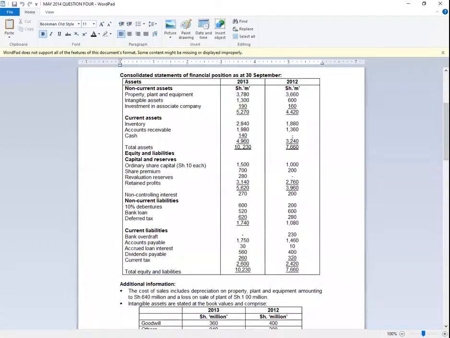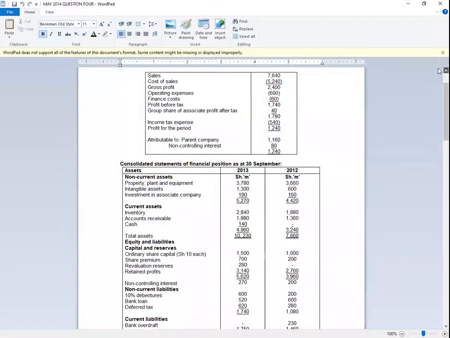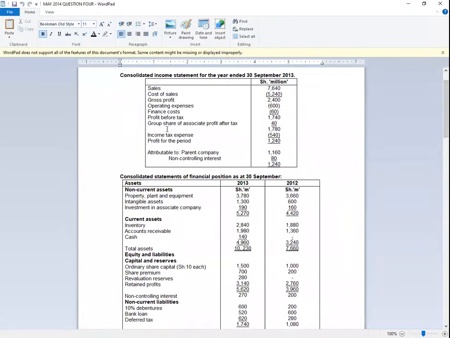We take 320 minus 260. After I get the current tax difference plus the deferred tax difference, I'll add the income statement tax for the period, which is 540.